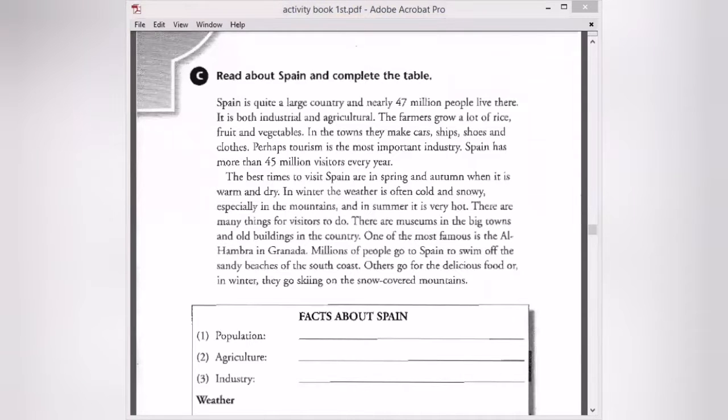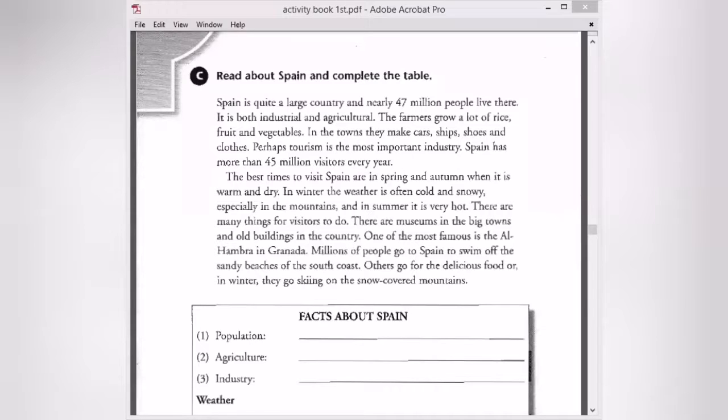Spain is quite a large country and nearly 47 million people live there. It is both industrial and agricultural. What is meant by agriculture? Agriculture means zira'a. So agricultural is the adjective of the noun agriculture. Go on.